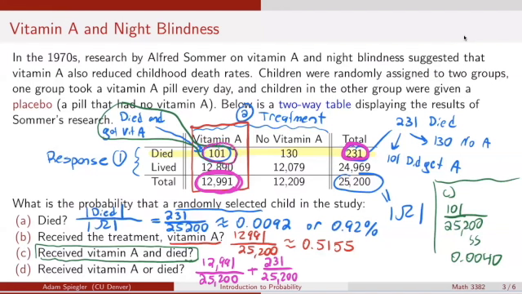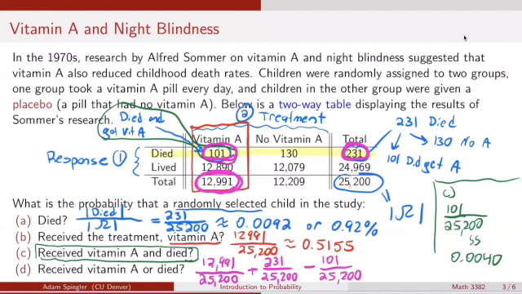That's exactly these 101 children that were in both of these groups. So I add up the probability that someone received vitamin A, I can calculate the probability that a child died, and then I want to subtract out the 101 children that we counted twice in both of those groups.